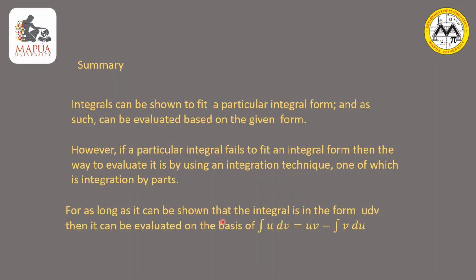For as long as it can be shown that the integral is in the form of u dv, then it can be evaluated on the basis of this formula. The integral of u dv is equal to uv minus the integral of v du.